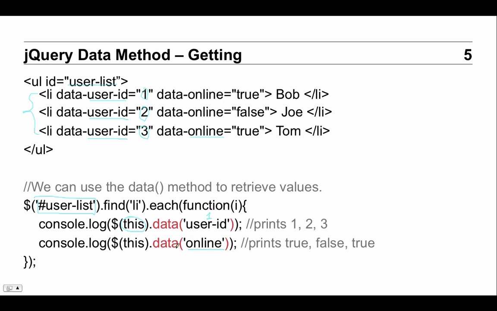Whenever we use the data method, it's assumed that we're looking for an attribute that starts off with data dash. So then we just pass in the string online, and here the first time it loops, it will give us the value of true, the second time false, and the third time true again for Tom. So again, using a single argument here allows us to get the value of the matching data attribute.